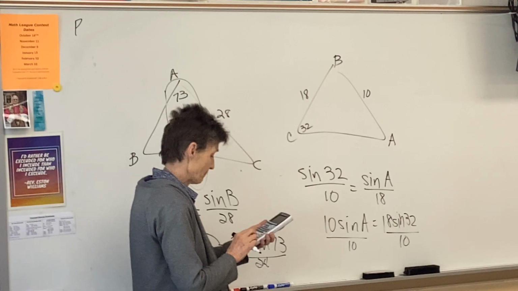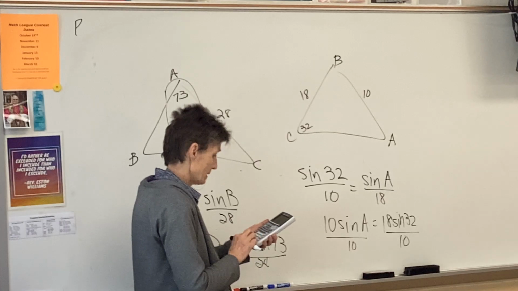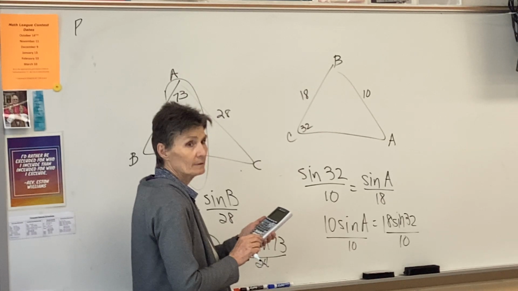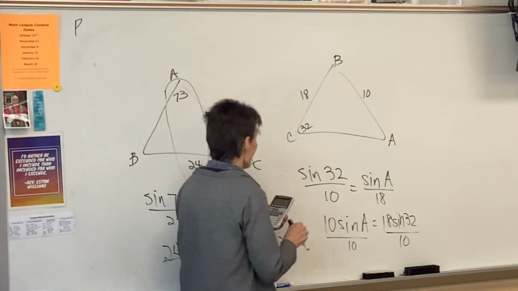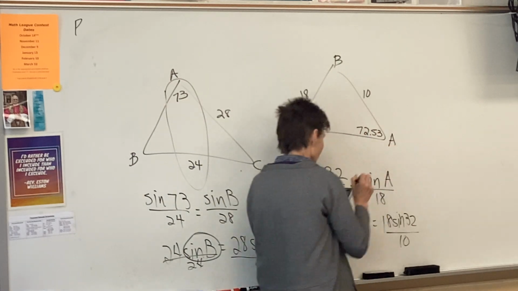Second sine, 18 sine 32 divided by 10. Oops, I got an answer. Right? Did you? Yeah. So A could be 72.53.